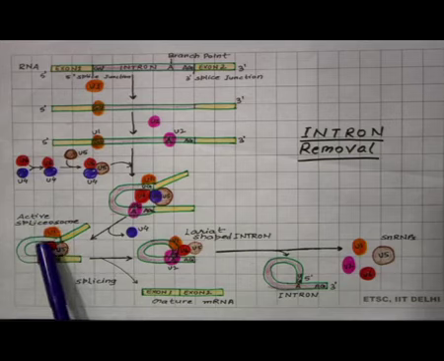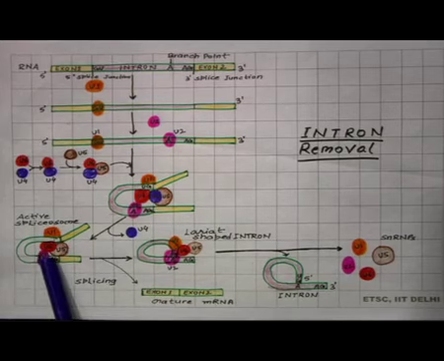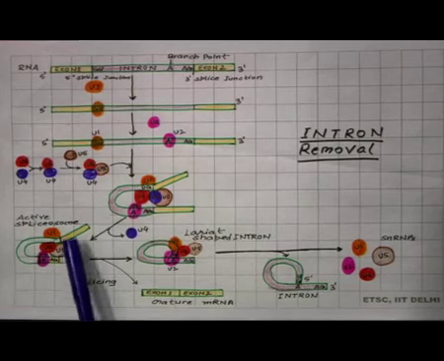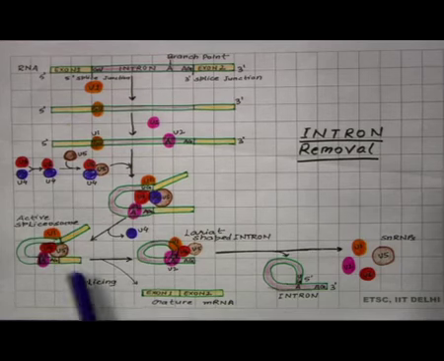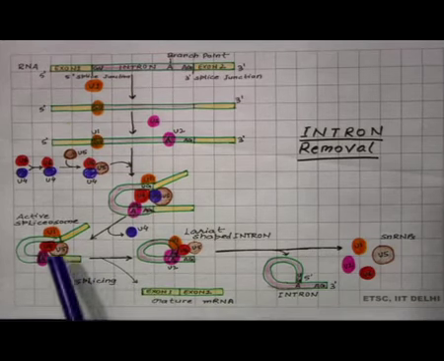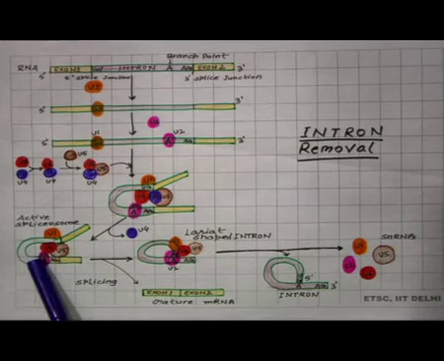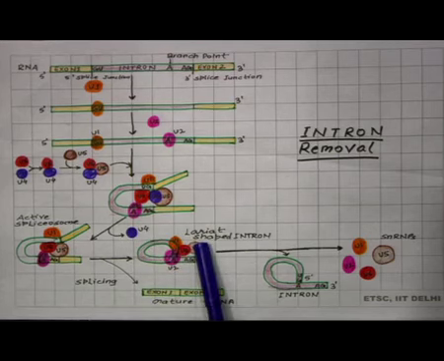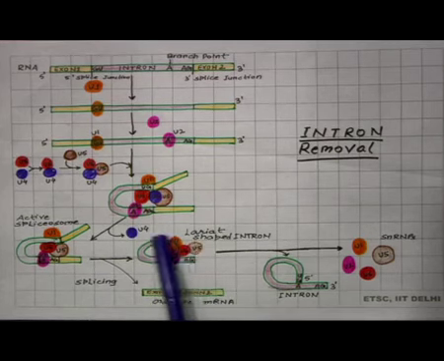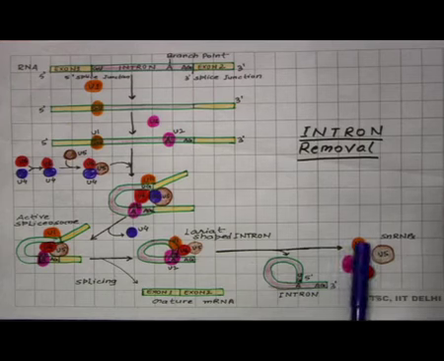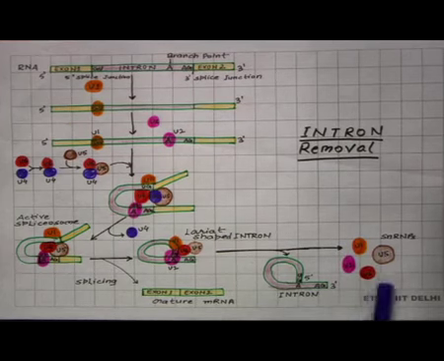Now, from this active spliceosome, the 2 exons, exon 1 and exon 2, will splice together, and the remaining intron along with the small nuclear RNPs, having a lariat shape, will be removed, and then from this lariat shaped intron all the small nuclear RNPs will be removed and the intron will also get separated out.